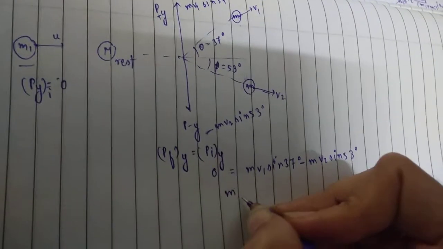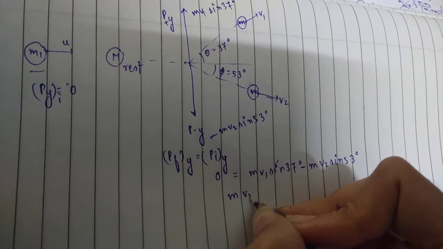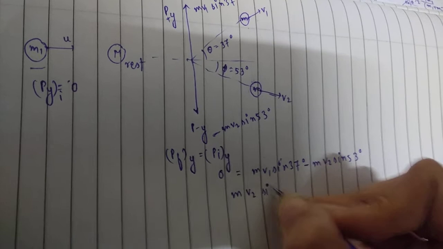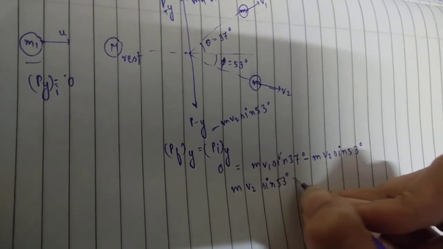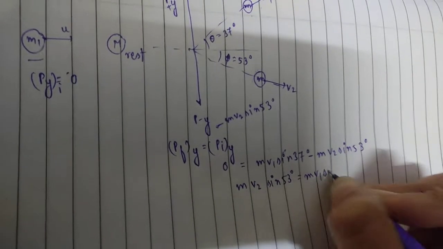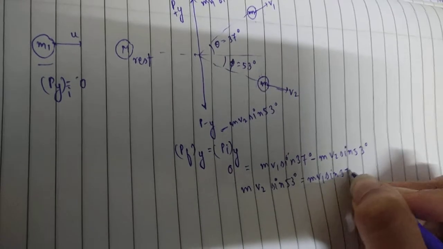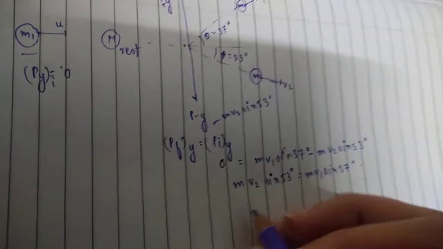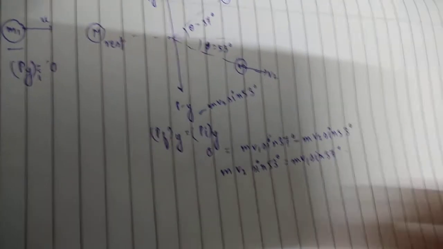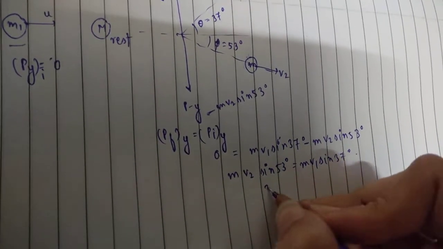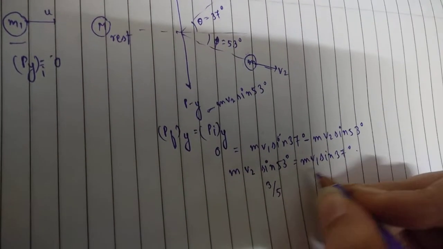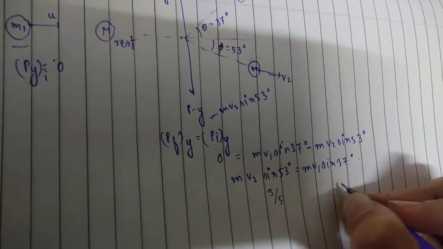These both are equal, so they will cancel each other: mv2 sine 53 equals mv1 sine 37. Sine 53 will be 3 by 5 and sine 37 will be 4 by 5.